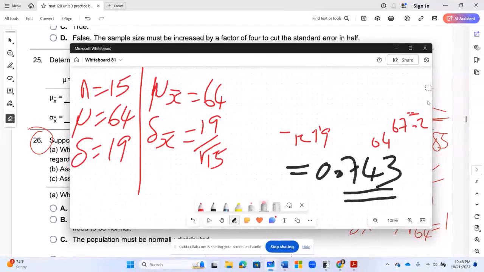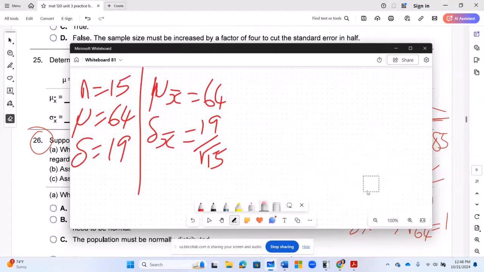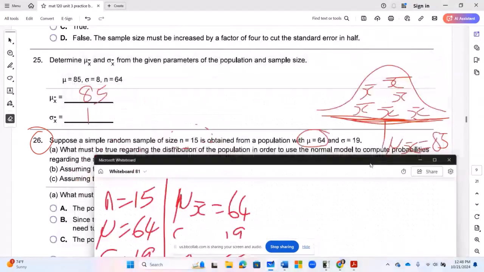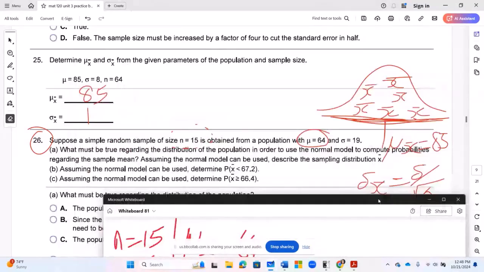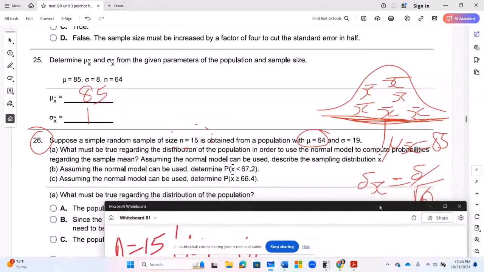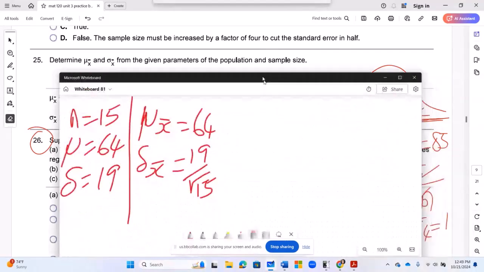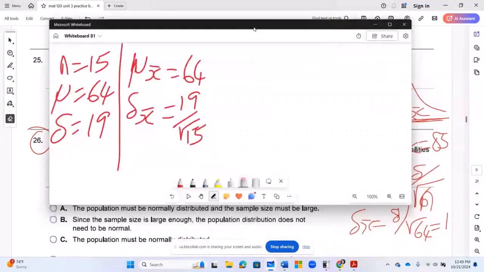So I'm going to draw a normal curve and show the area from 66.4. Note that we are looking for area to the right. Find the probability. I hope you know that this is probability. Find the probability that the random variable is greater than or equal to, so you're looking for area to the right this time. Area to the right is not percentile.